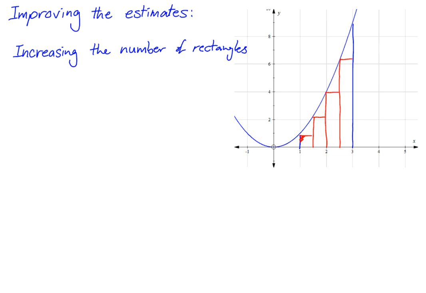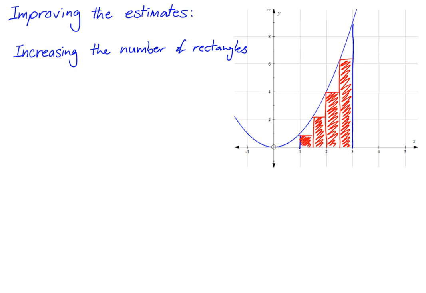So now the area of this rectangle plus this one here, plus this one, and this one should give us an underestimate. It's still an underestimate, it's not the exact area, but notice here that these gaps now are smaller and therefore we're getting closer to the actual area.